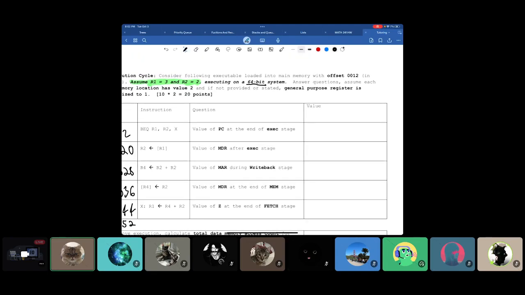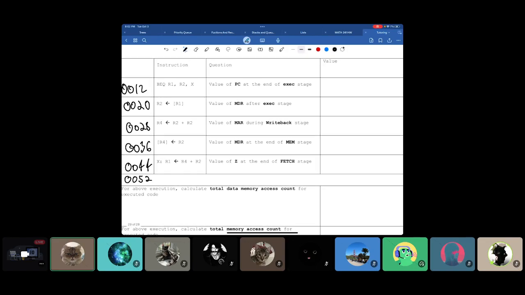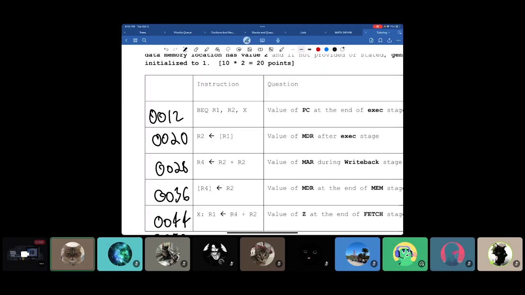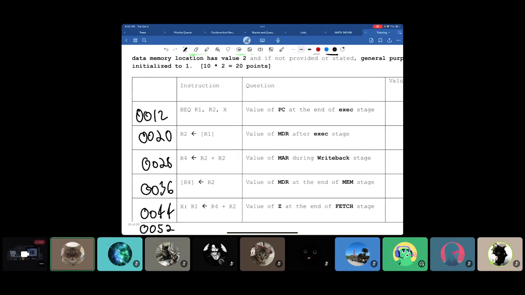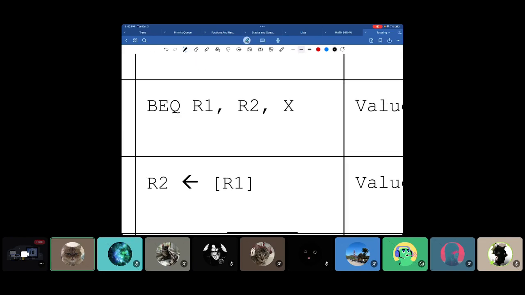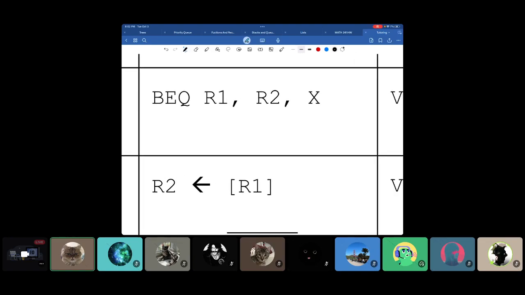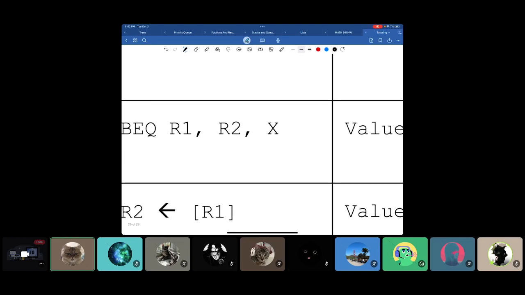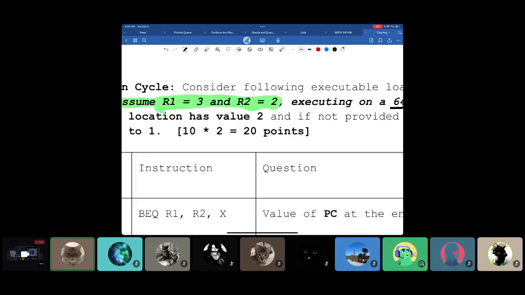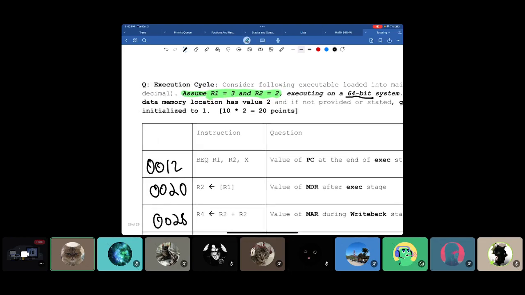So from here, we're asking what is the value of PC at the end of the exec stage for this instruction, right? We have this instruction here. We have R1 and R2. If they're equal, then we branch to X, right? And we see here that R2 is 2, and R1 was not initialized, so its value is 1.